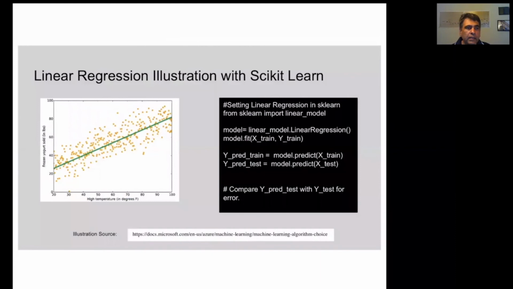So in reality, we typically use library functions to do the same thing as the code that you just saw on the last slide, or the formulas and spreadsheet-based approach that we did on the slide before that. And in this case, we're going to do it with the scikit-learn library.